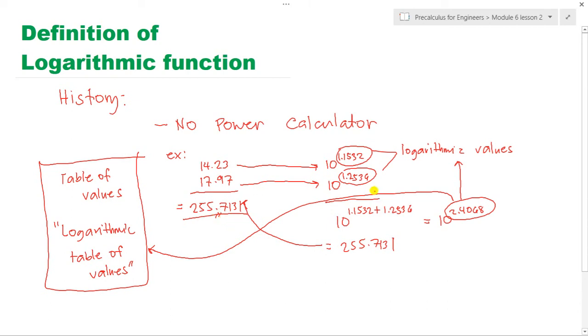So that is easier. Why? Because you just locate this logarithmic value in the table, and then you can easily look for the answer.